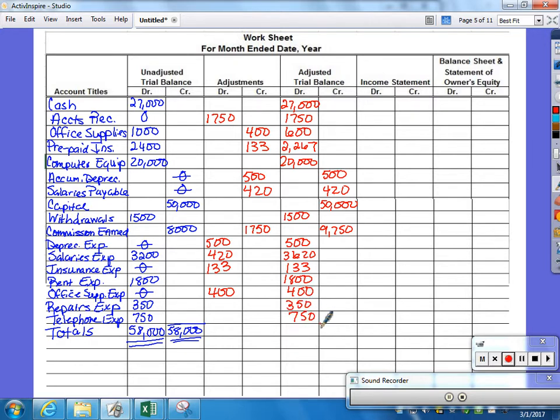And now you need to calculate what the new balances, the new totals are. Also total these adjustment columns.